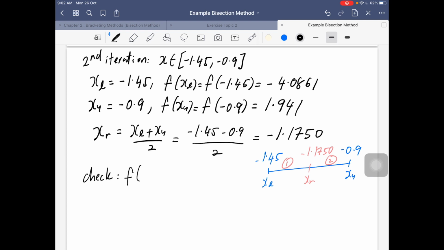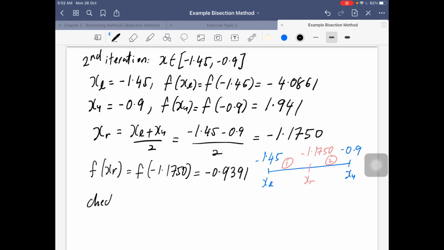Before we check, we calculate FXR first. We insert x equal to negative 1.1750 into our function. By using a calculator, you should get negative 0.9391.